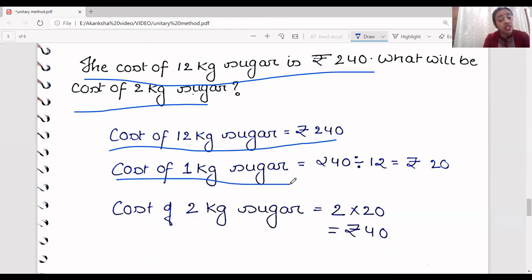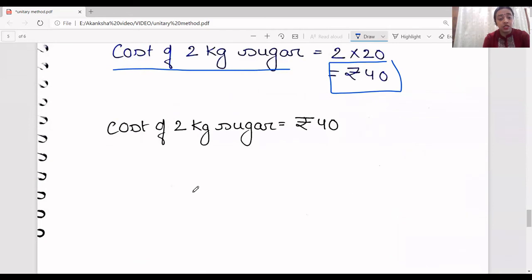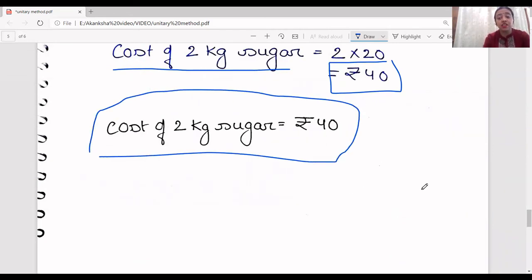Then the cost of 1 kg sugar would be 240 divided by 12, which is going to give me rupees 20 for each unit price of sugar. Now, if you want to find out the cost of 2 kg sugar, what you would do is 2 into the unit price. The unit price is 20. So 2 into 20 is definitely 40 rupees. So you're going to pay 40 rupees for buying 2 kg sugar. So this is the answer. The cost of 2 kg sugar is rupees 40.